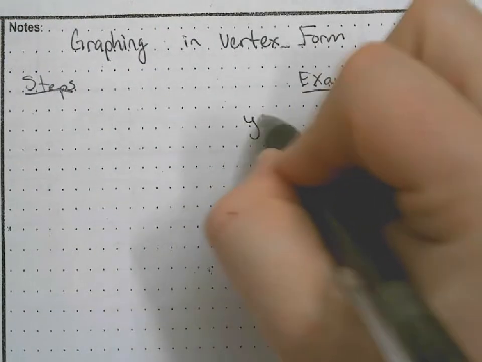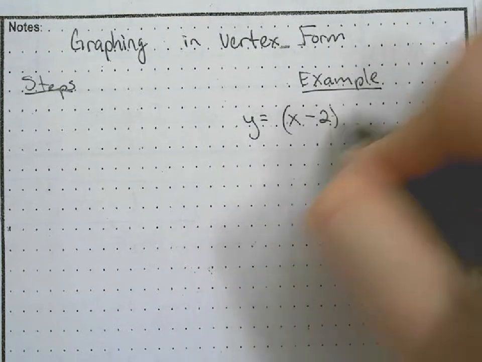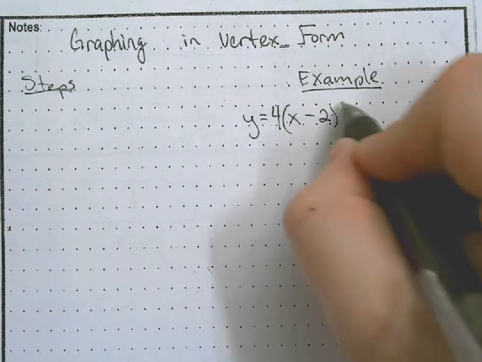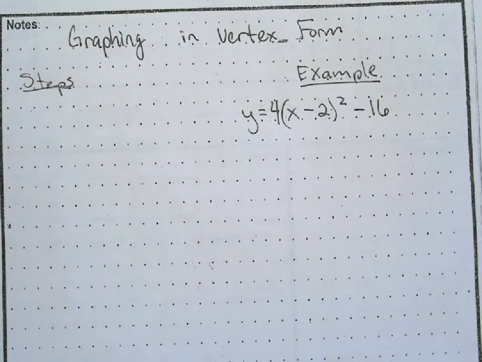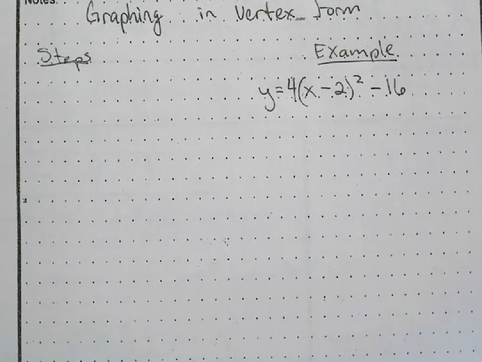So the equation we'll be looking at is y equals 4 times x minus 2 squared minus 16.